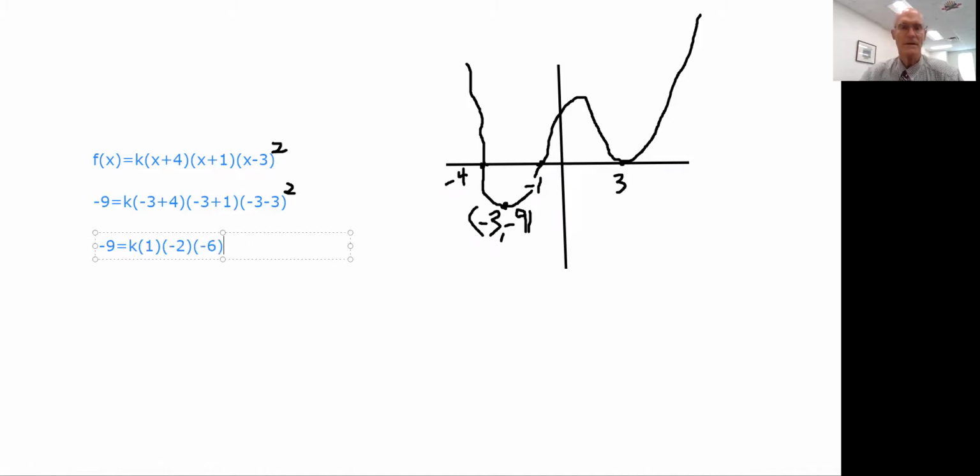Remember, anytime I square something, I get a positive, so don't come back here and tell me I got -36 out of that. So I have -9 equals, 1 times -2 is -2, so I have -2k times -6 squared, which is 36.